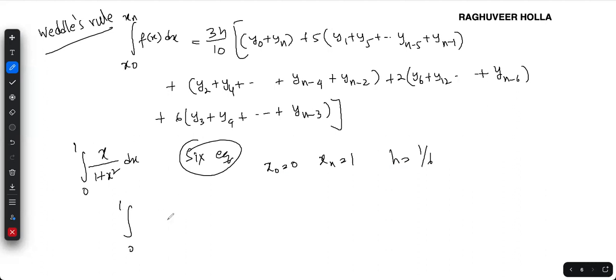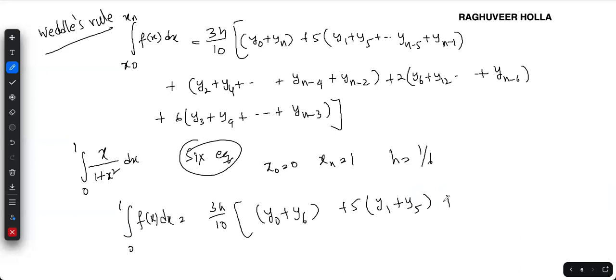So this is the integral from 0 to 1 of f of x dx, which is 3h by 10, y0, y6 plus 5 times y1, y5 plus y2, y4, and 6 times y3. Okay, so we have covered everything.